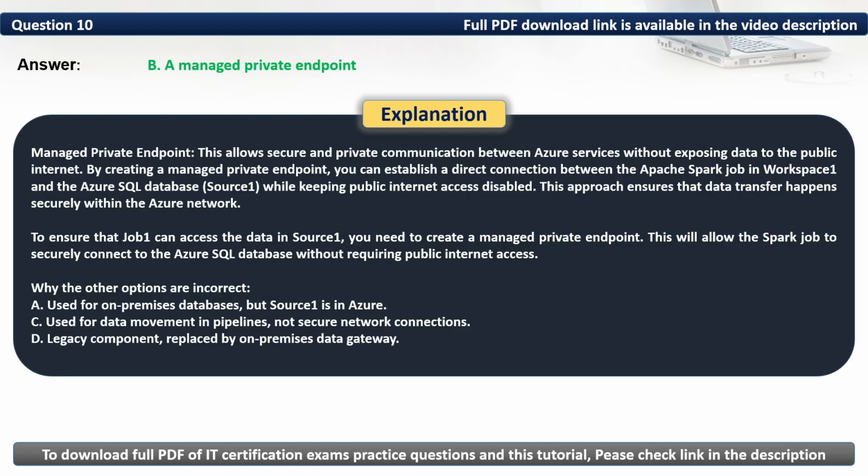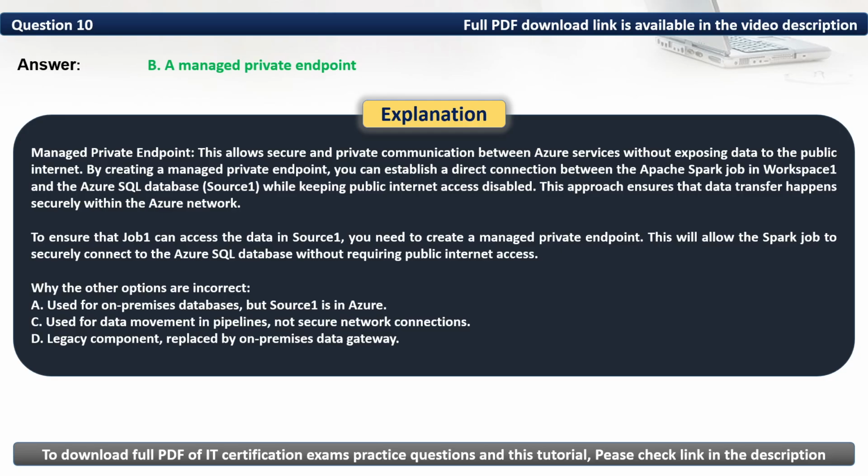Managed private endpoint. This allows secure and private communication between Azure services without exposing data to the public internet. By creating a managed private endpoint, you can establish a direct connection between the Apache Spark job in Workspace 1 and the Azure SQL database while keeping public internet access disabled.